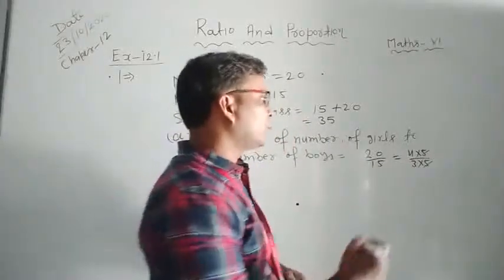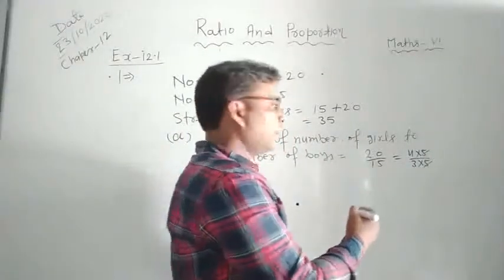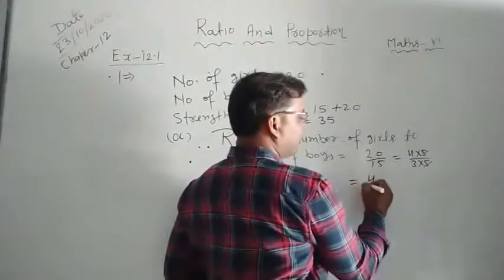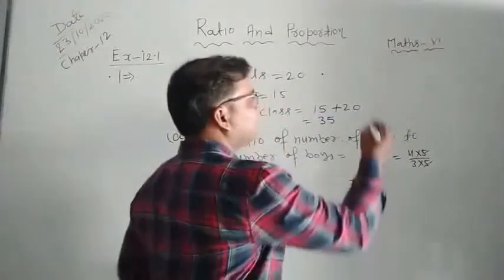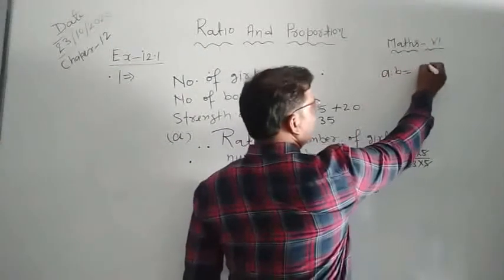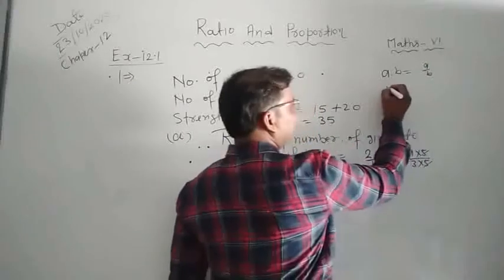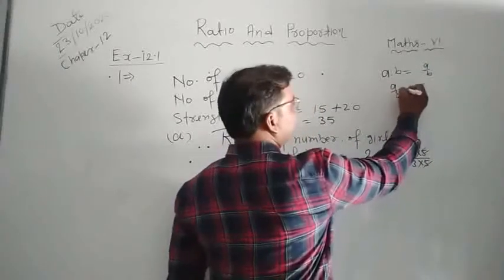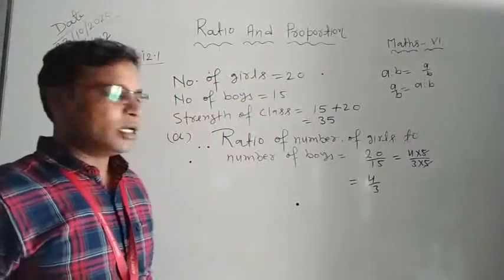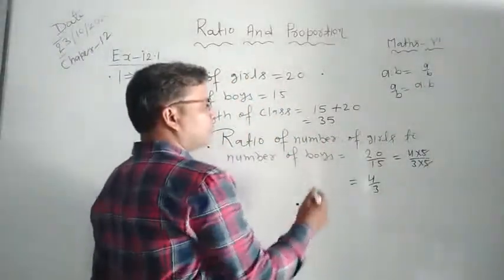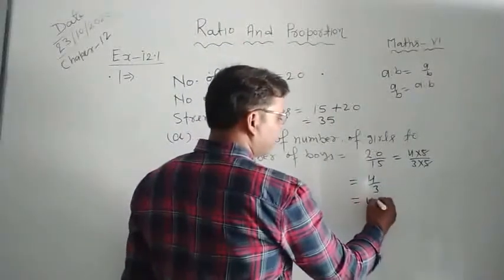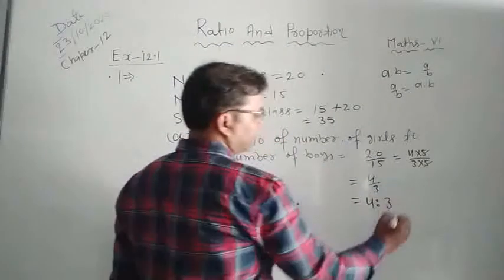So this is equal to 4 by 3. Here you can see A ratio B is equal to A by B, or A by B is equal to A ratio B. Clear? So the ratio of the number of girls to the number of boys is equal to 4 ratio 3.